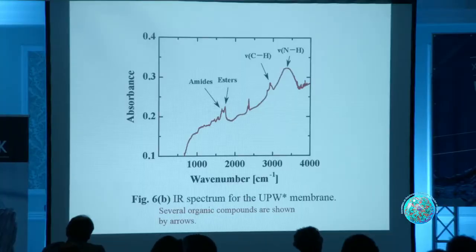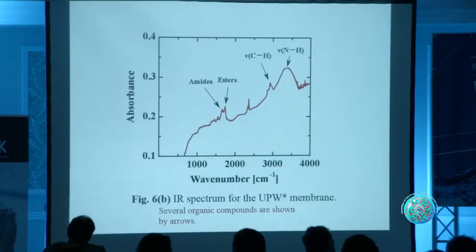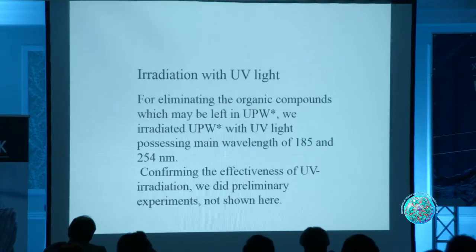This figure shows the IR spectrum for the UPW* membrane. We see several organic compounds shown by the arrows. Then next, we examined the water by irradiation with UV light.